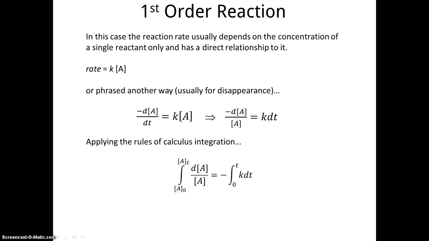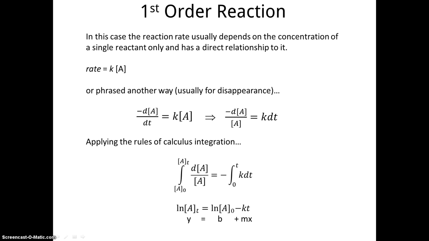Now we're going to integrate this. Those of you who haven't had calculus can just take our word for it. Those of you who have can verify. If I take the integral from time equals 0 to time equals t of dA over A, and also take the integral of k dt from 0 to t, we'll see that on the left side we get the natural log of A evaluated from 0 to t, comes out to natural log of A at time t equals the natural log of A at time 0 minus kt, or y equals mx plus b.